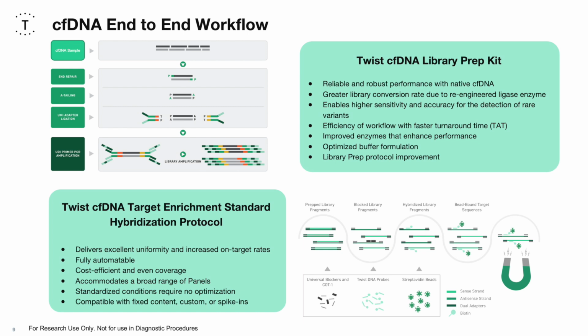Our Twist cfDNA target enrichment protocol then takes these libraries through blocking and hybridization with Twist double-stranded DNA probes, followed by streptavidin bead capture and stringent washes. This workflow delivers excellent uniformity, increased on-target rates, and is fully automatable, ensuring cost-efficient and even coverage for a broad range of panels, including our fixed panels, custom panels, and spike-ins.